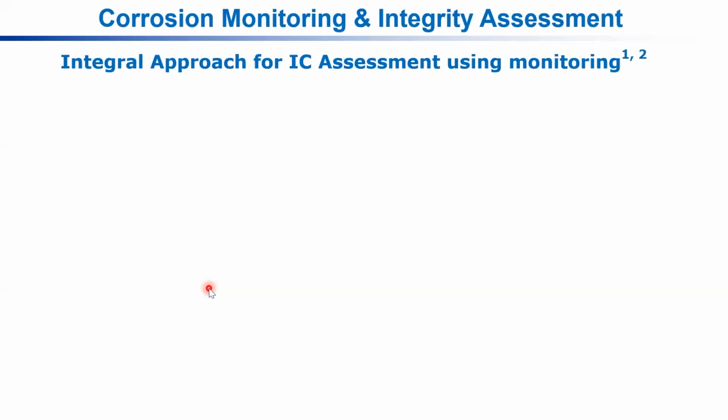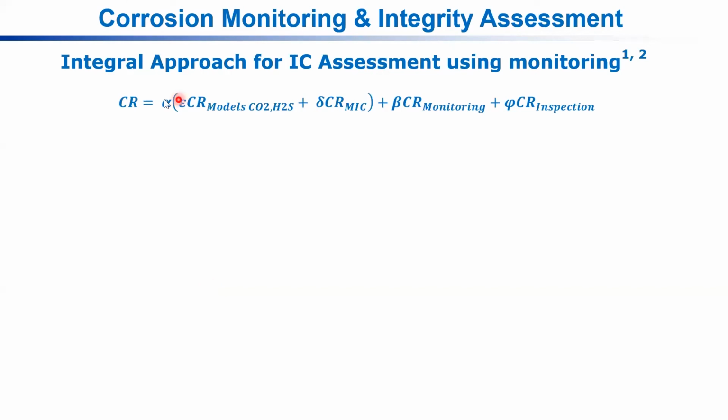Corrosion monitoring and integrity assessment. One approach that I use to increase the integrity assessment when using corrosion monitoring is this. I use my models, which is this term right here. This is my modeling part. This includes, once again, corrosion and flow modeling, monitoring, and inspection.